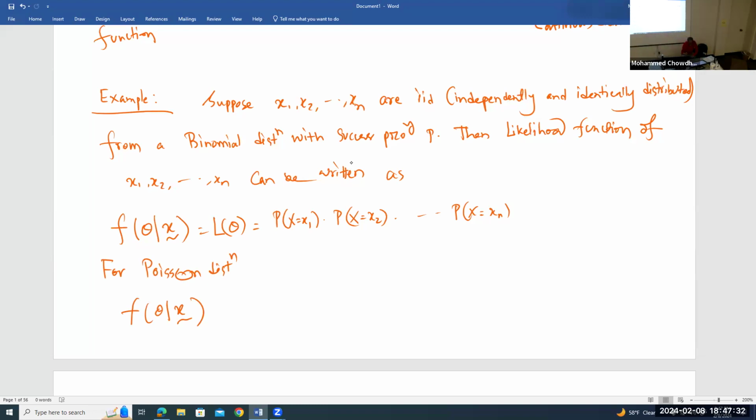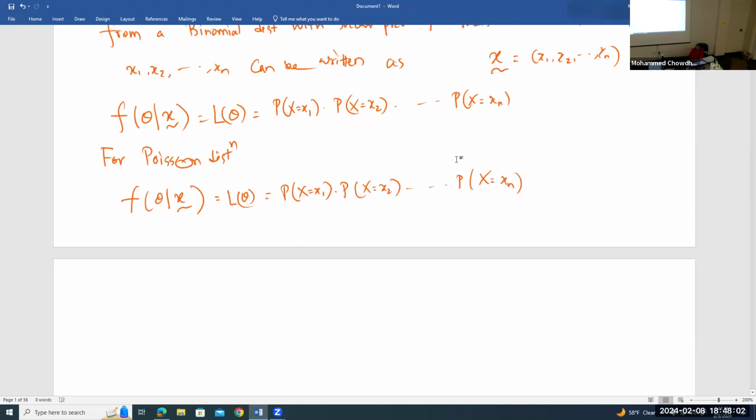This x means actually x1, x2, xn, all of this. Okay. So for the Poisson distribution, it should be theta, probability of x equal to x1 times probability of x equal to x2, probability of x equal to xn.